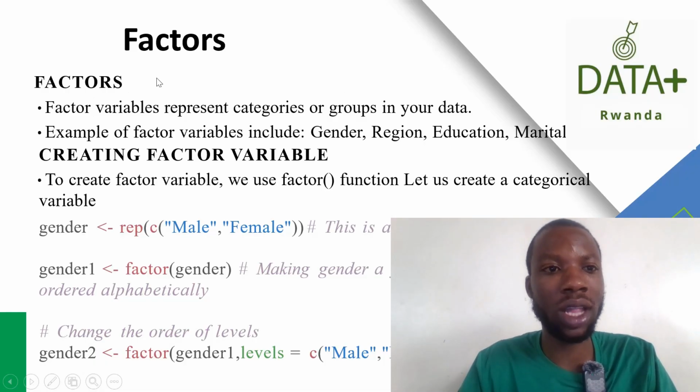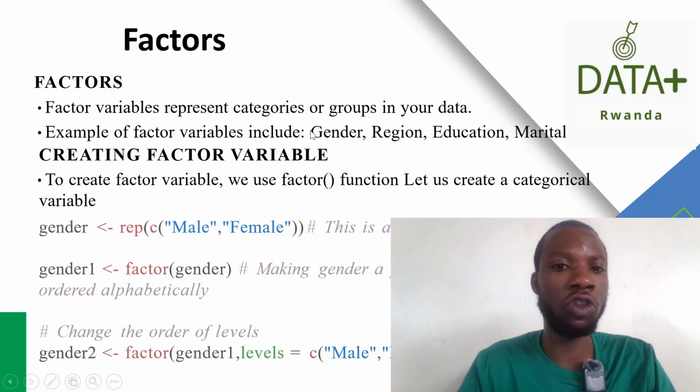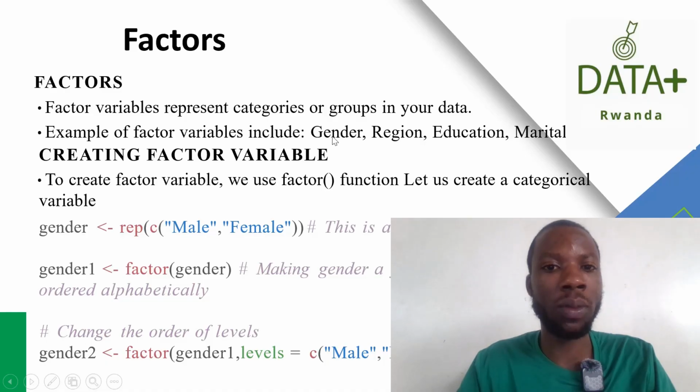The factor variable represents the categories or groups in your data. It is going to represent categorical values like gender, region, education, marital status. In which way? There is a time where we will need to make a model where maybe gender is acting like an independent variable.